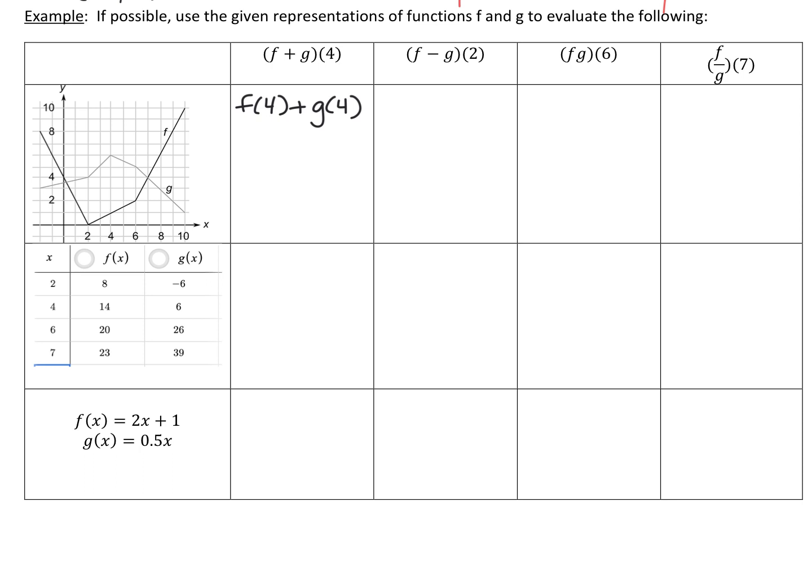So f of 4 is 1. I'll plot the point this time. So f of 4 is 1, because it's the y value at that point. G of 4 is, what? 6. Then you add them together. So f of 4 plus g of 4 is 7.